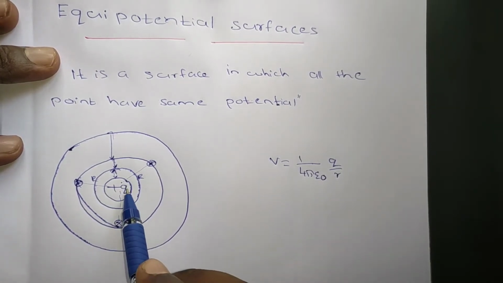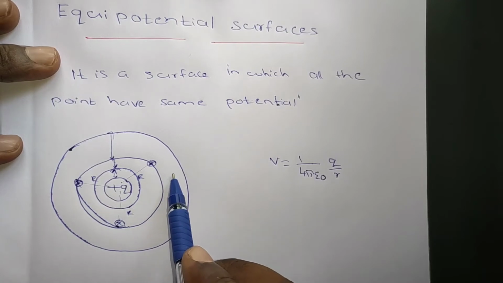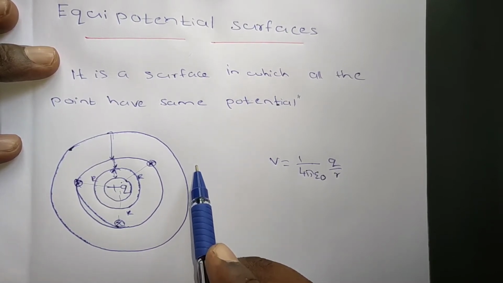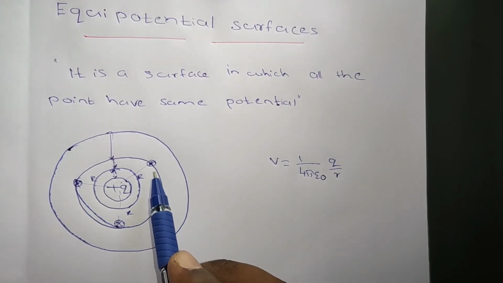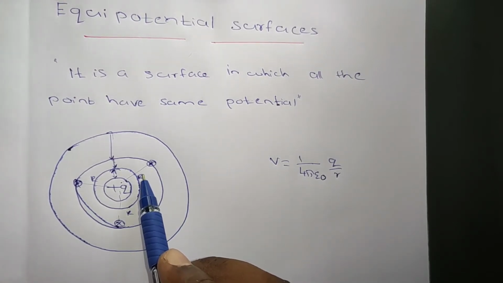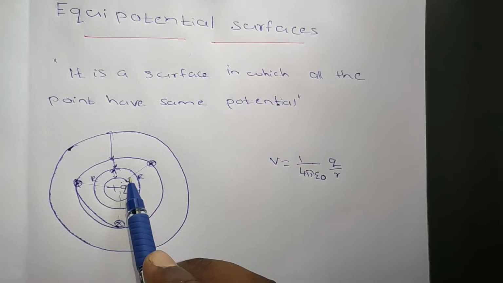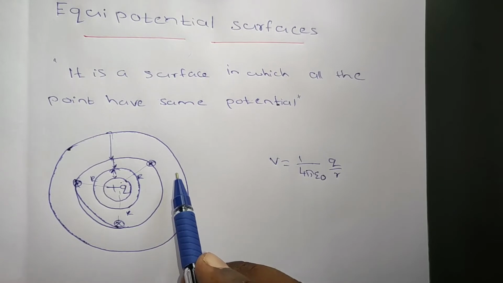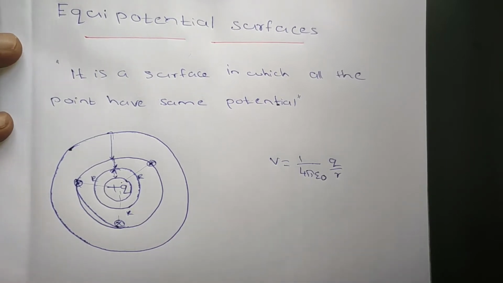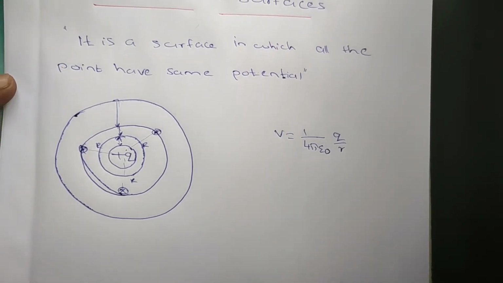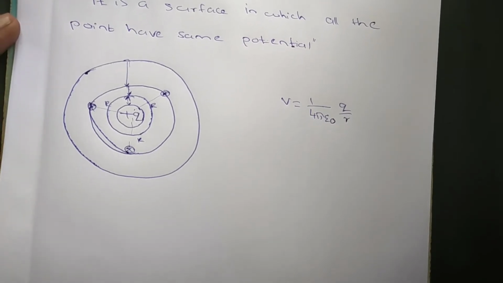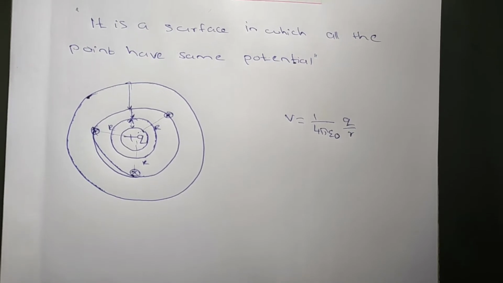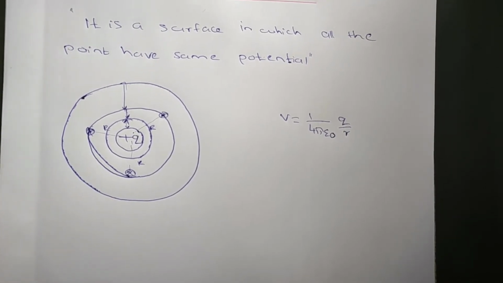Because while going away from the point charge, the electric field value decreases. So the distance between the equipotential surfaces increases. Clear? That is about the equipotential surface produced by a point charge.